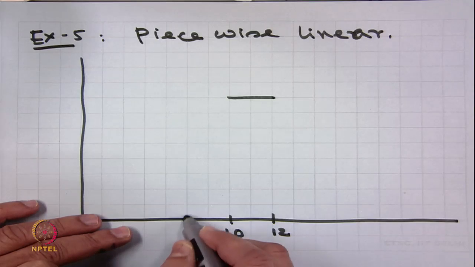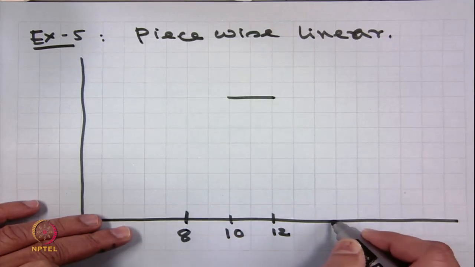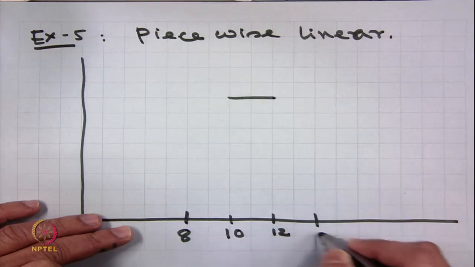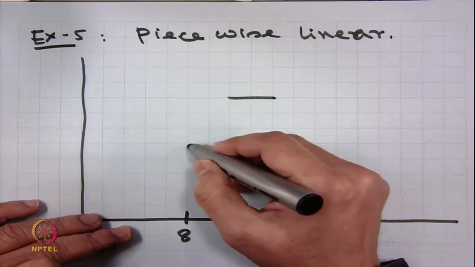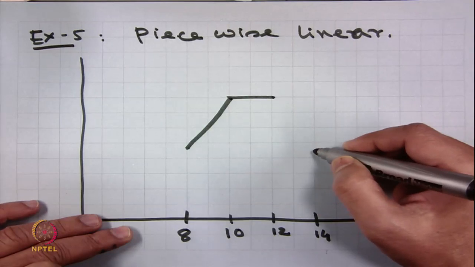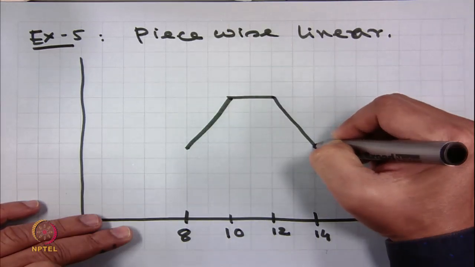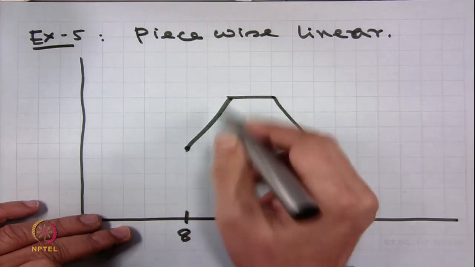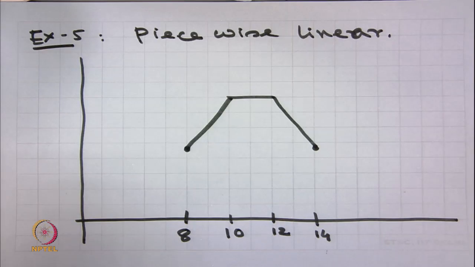At 8 and at 14, the membership is half. As it is right continuous, these will be included there.